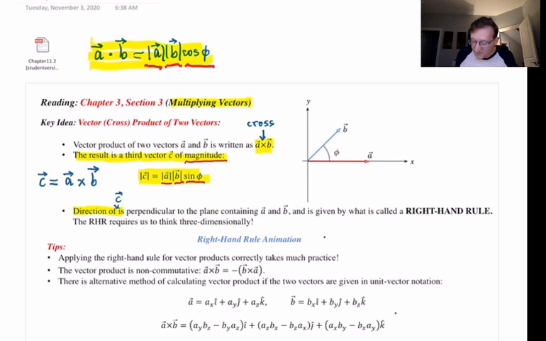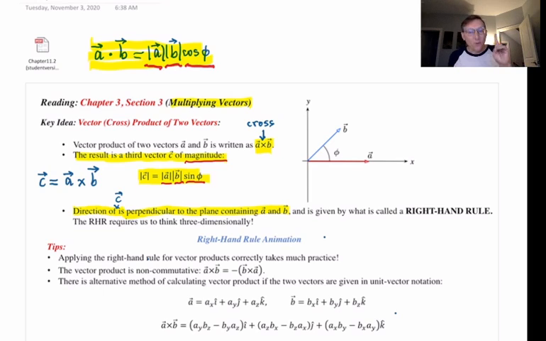The direction of C is perpendicular to the plane containing the original two vectors A and B. If you ever take a course called linear algebra in the math department, you will learn that two vectors drawn with a common tail like this form a mathematical plane. I've drawn the picture explicitly to help you see that by putting A and B in the xy plane.